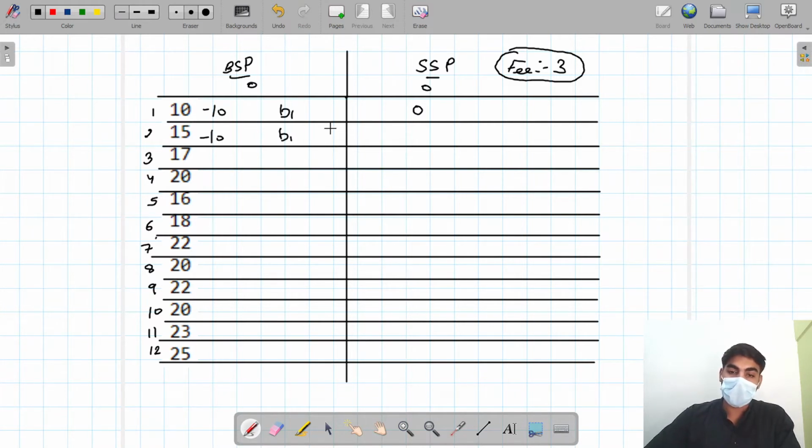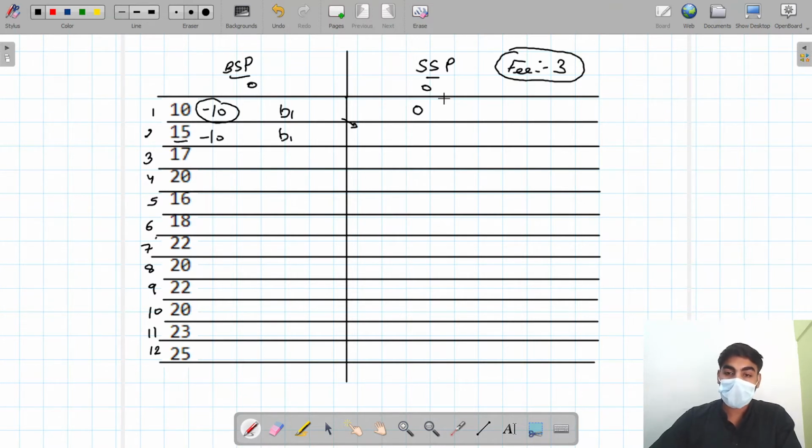Let's see here. Today we are selling. Today's price is 15 rupees. We have a loan of 10 rupees. If we sell today, we get a profit of 15 minus 10, 5 rupees.